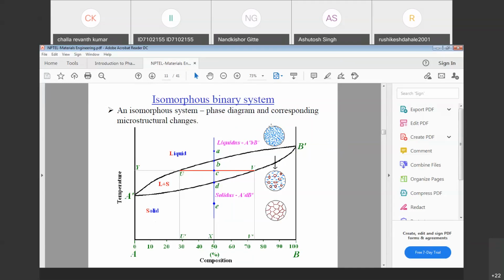And when you reduce the temperature of this liquid material, it will start forming a solid phase.